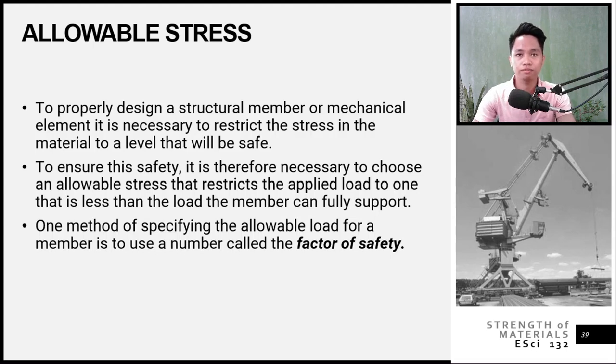You design a structure, and then there are changes in the loadings that you did not project. The design is very different from the actual, with discrepancies from what you expected, which affects your loading. If your design is only for that specific load, with no allowance for variation and changes, your structure is in danger. That is why you should provide a factor of safety, to cater to unexpected loadings.